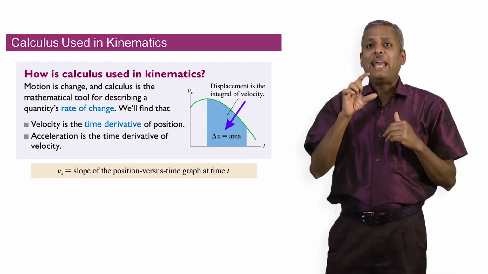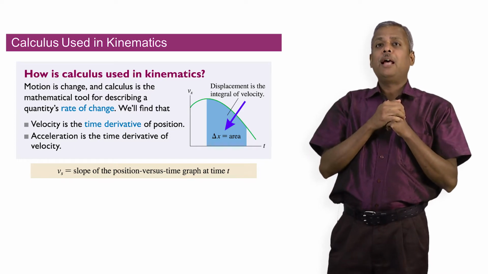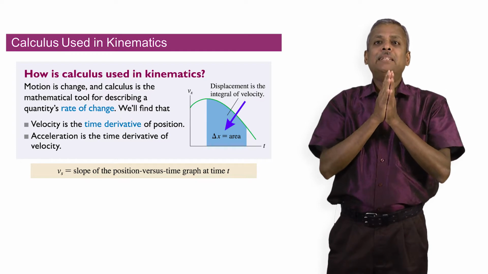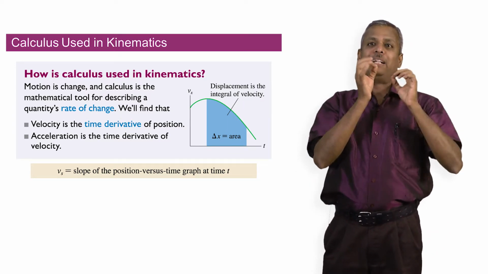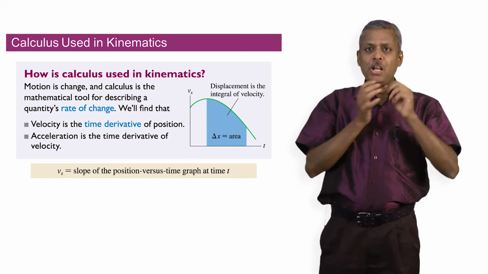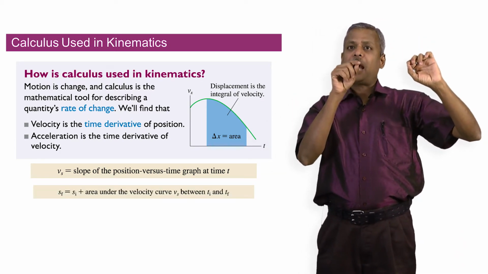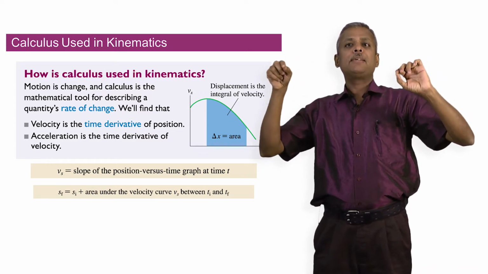If I get the area under the curve, that is why we are taking the help of calculus, because if I find the area under the curve, that itself tells about the relation between V and delta t. So my equation will be S final is equal to Si plus area under the curve of Vs versus delta t.